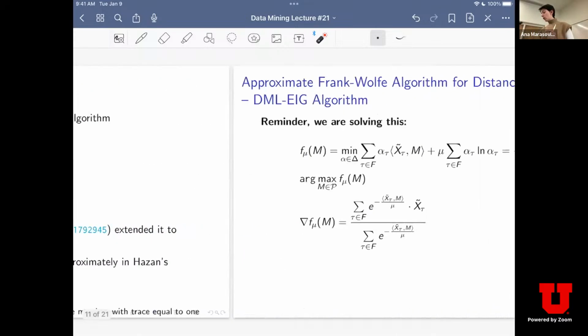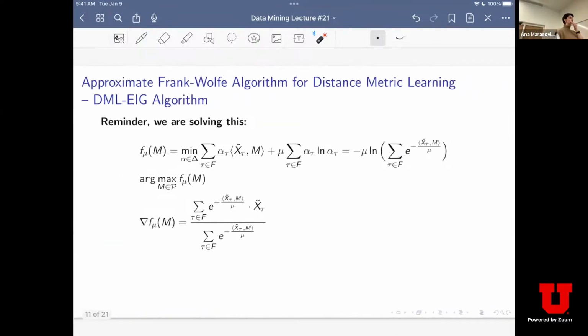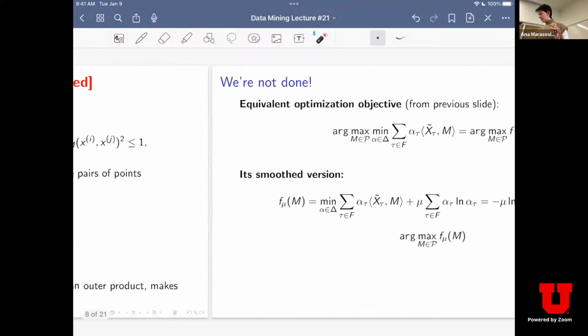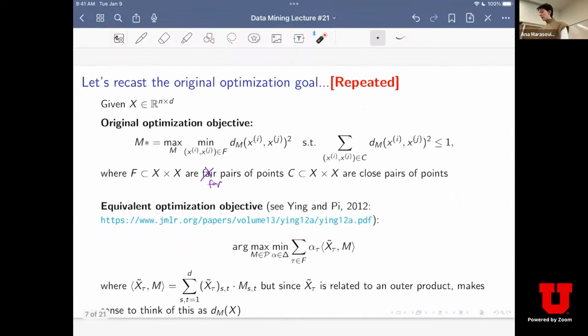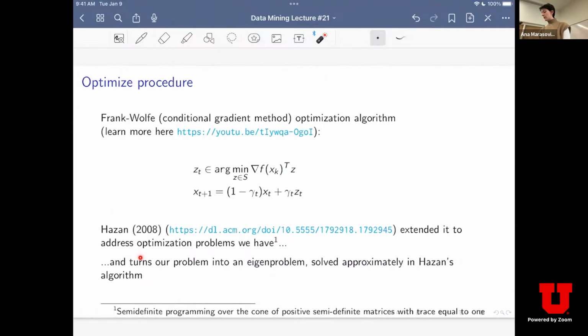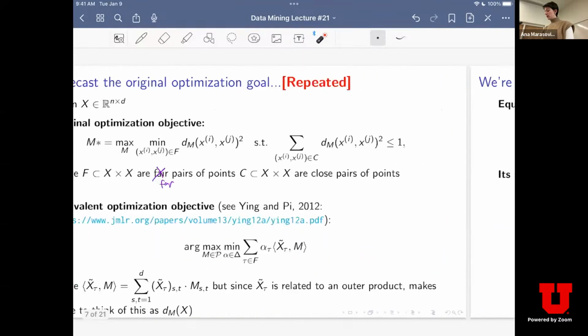So now when we take all of that together, we are going to get to our algorithm. I just want to quickly go over everything we have said so far. We had our original optimization problem. We have turned it into an equivalent optimization problem. And it has been shown in this paper by Hazan in 2008 that this Frank-Wolf optimization algorithm can be extended to solve the exact problem we have here.